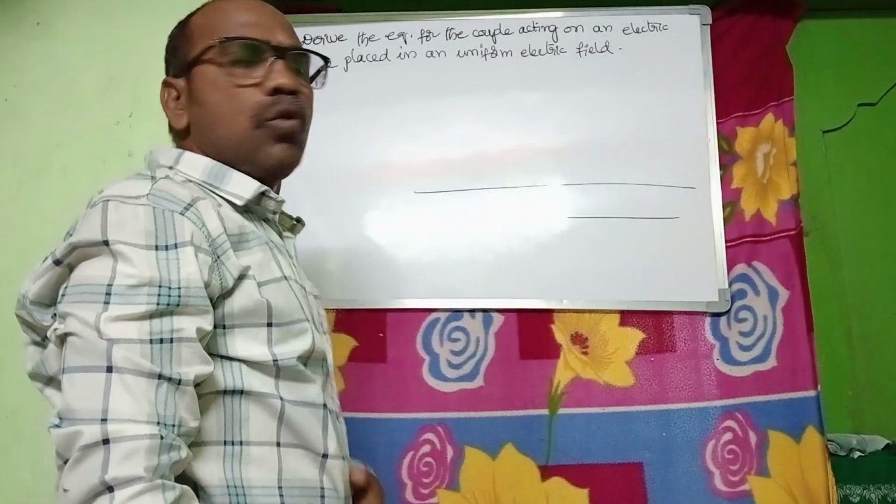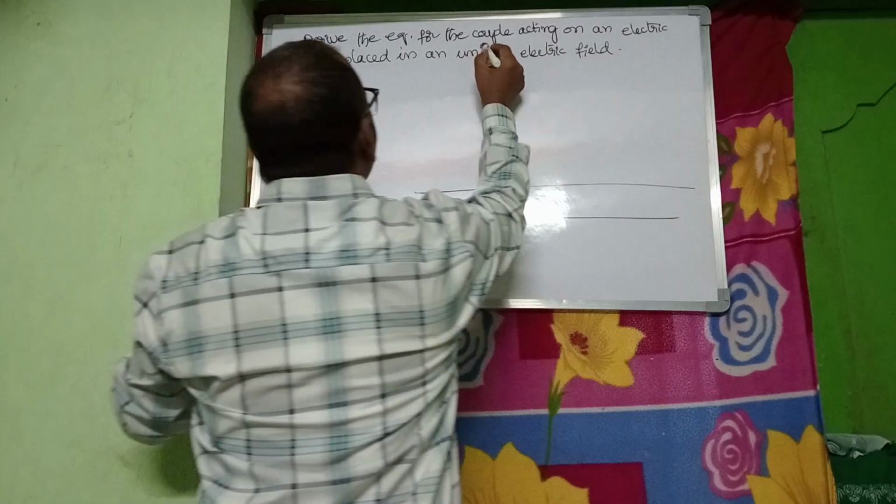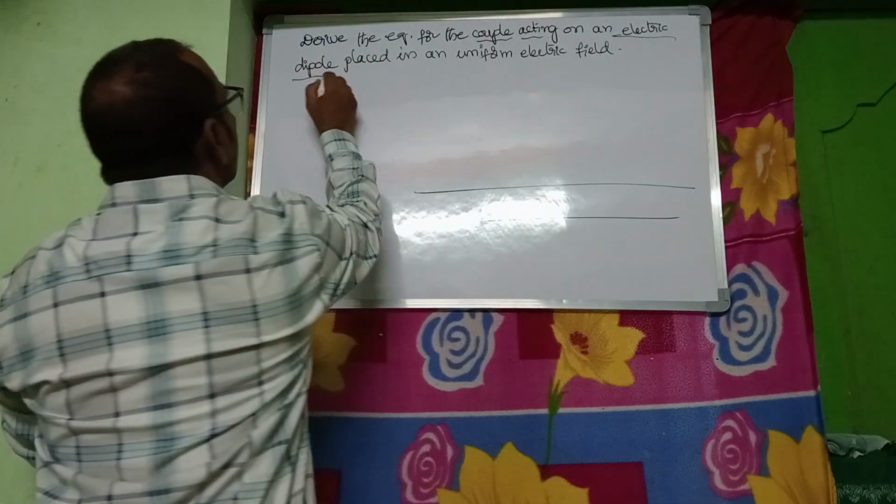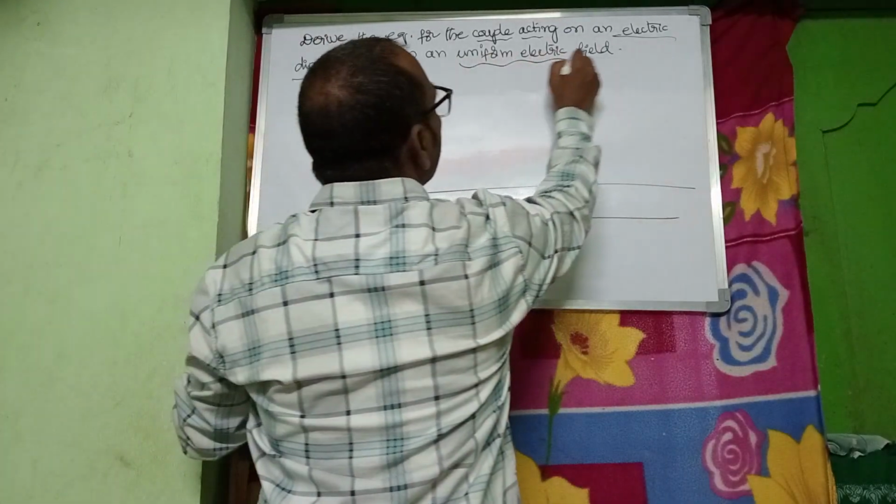Here what we have to find is the couple acting on an electric dipole when placed in a uniform electric field.